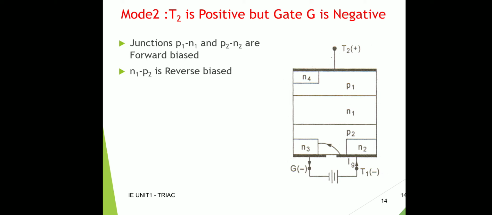That is the reason this junction is also forward biased, and the N1 P2 junction is reverse biased.